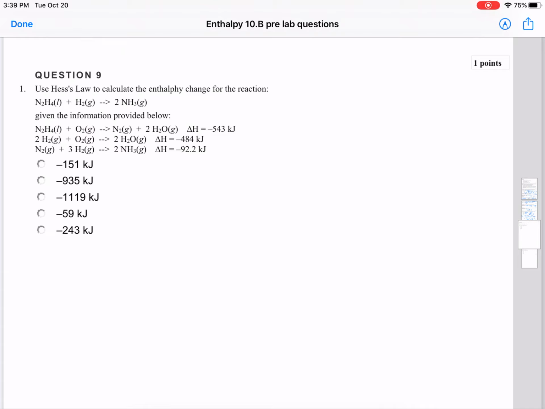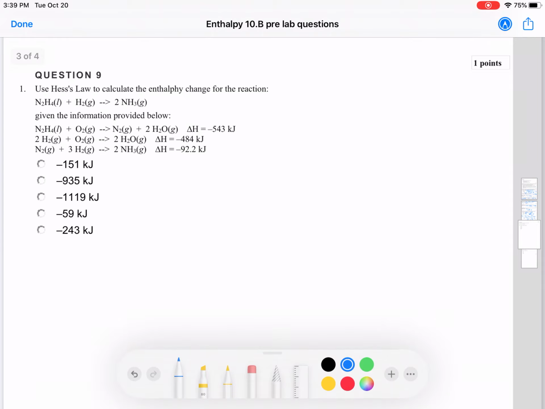If you know the enthalpy of those individual reactions, by adding them in such a way that you get the target reaction at the end, that will lead you to find the enthalpy of the reaction. Now I will explain what I just told you with these examples.